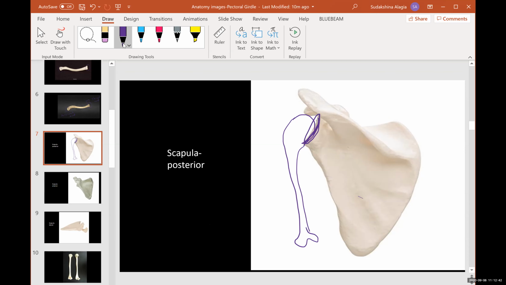It's very easy to locate. The head of the humerus articulates next to this. This is referred to as the glenoid.